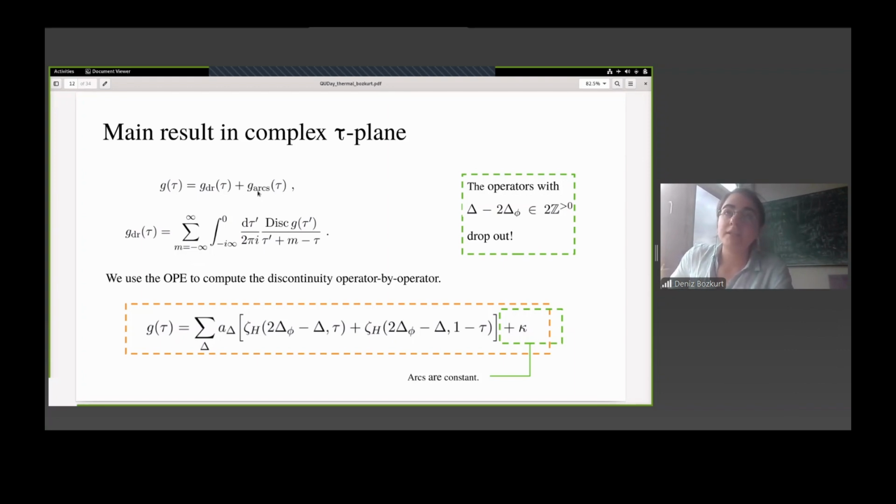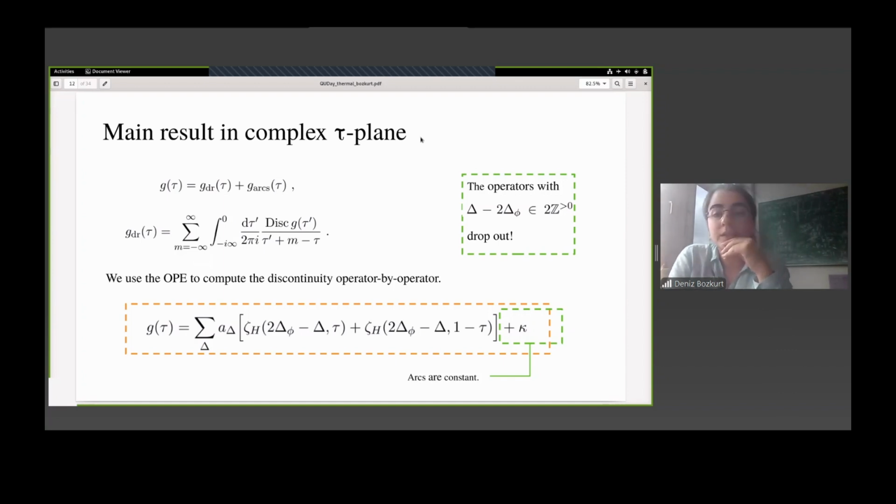So the idea was to use the OPE to compute the contributions to the discontinuity for each operator that appears in the discontinuity separately. And when we do this, the OPE has a very simple structure, and then we can compute the discontinuity for each of these operators.